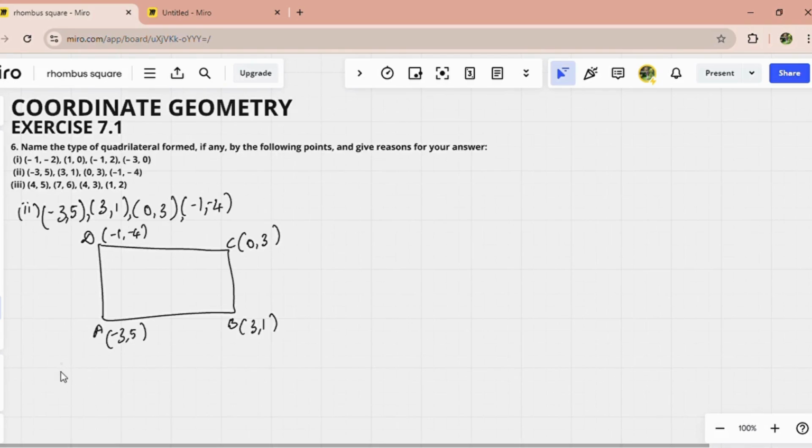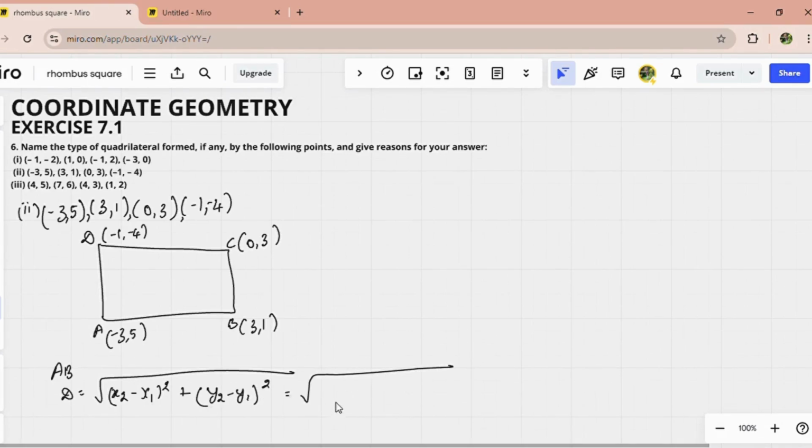First AB. With the distance formula we are going to find the AB distance, root of (x2 minus x1) square plus (y2 minus y1) square. Here A is minus 3 comma 5 and B is 3 comma 1.